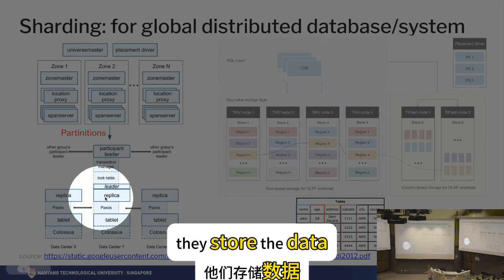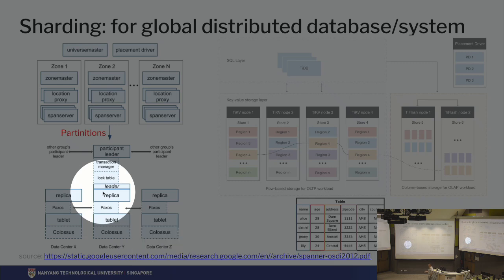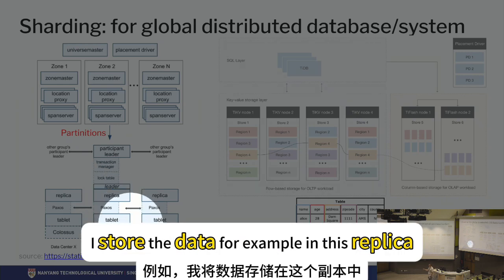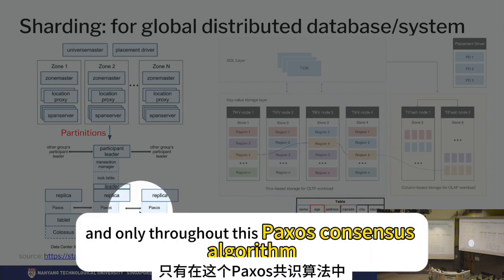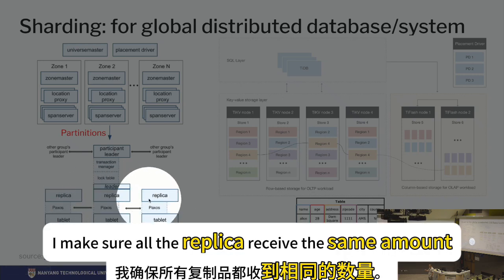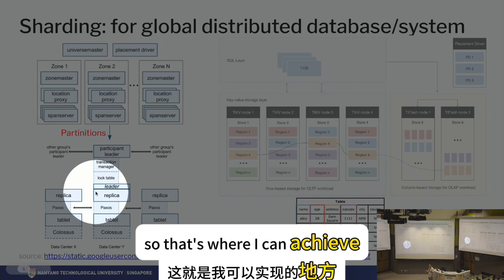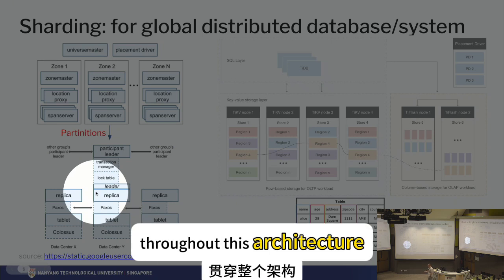Anytime they store the data, they do a two-phase commit. The first time I commit, I store the data, for example, in this replica, and only through this Paxos consensus algorithm do I make sure all the replicas receive the same data. Then I do the second phase commit. That's where I can achieve consistency too, through this architecture.